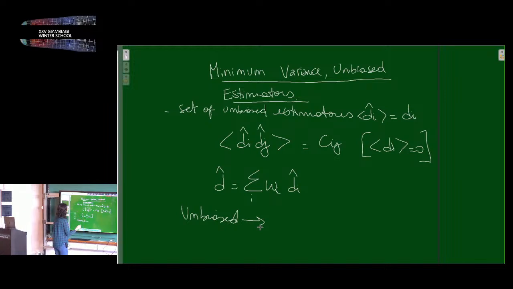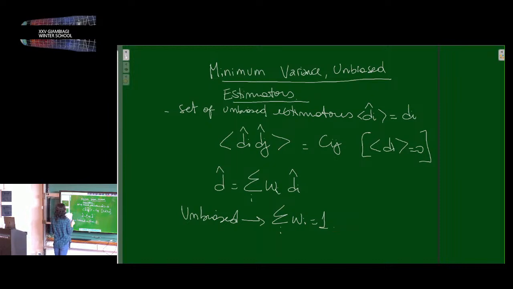So the condition for this being unbiased means that the sum over the weights has to be equal to 1. Okay, so we can enforce this constraint with a Lagrange multiplier.